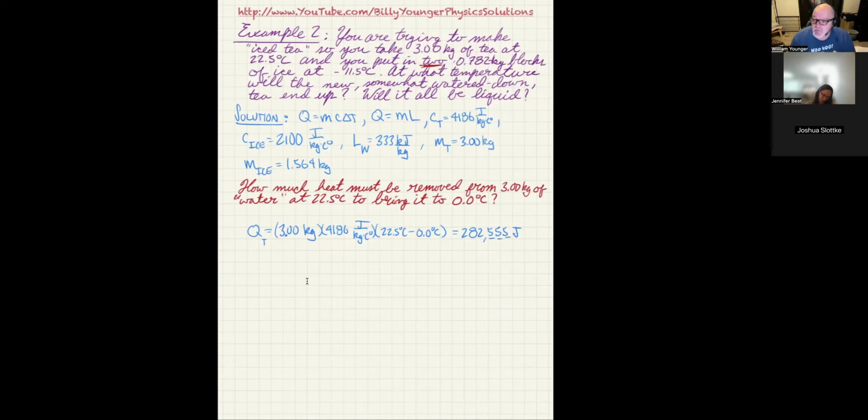So we now have that. Now what we want to do is see really how much heat can we put into the ice to allow it to come all the way up to 0 degrees Celsius and then melt. So now we're going to do that.